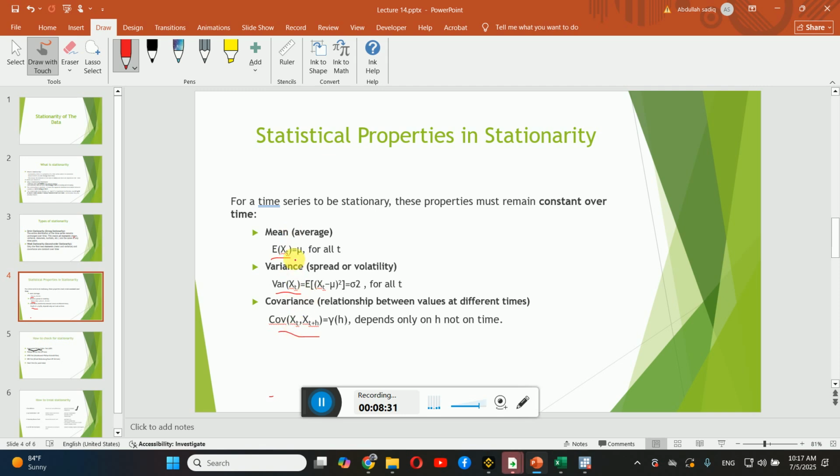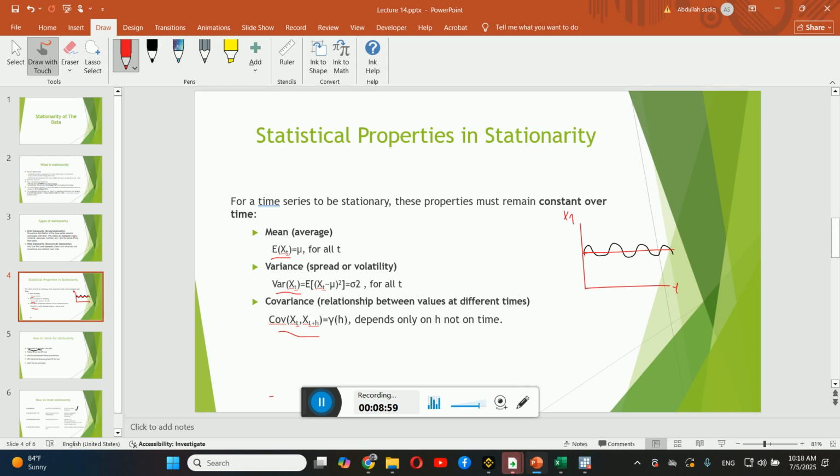Number one, first you should learn how the graph looks for the mean value. This is t, dear students, and here we have xt. If the values across different points in time look like this, the average value is just a straight line here.